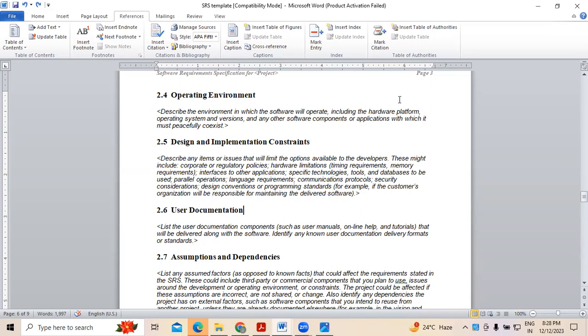So these constraints, as I told you, can be regulatory policies also. Let's say when we are working on the application, whenever we are working on regulatory policies, it is always important for us to understand what policies and procedures we are required to follow.